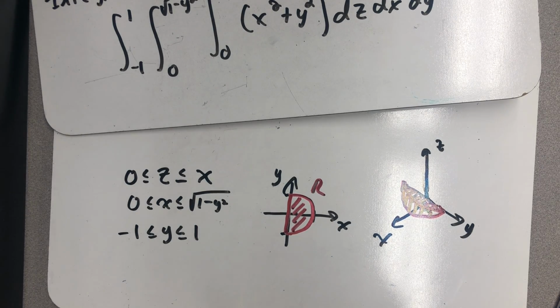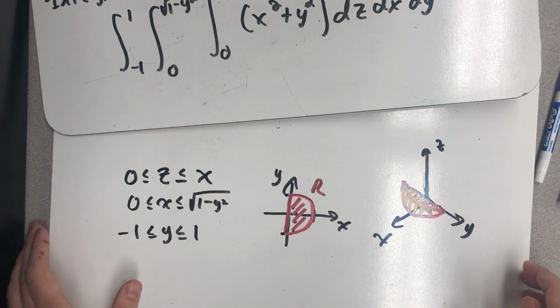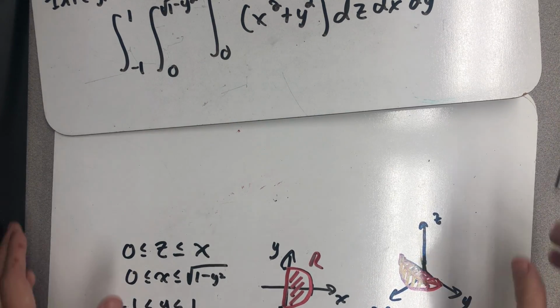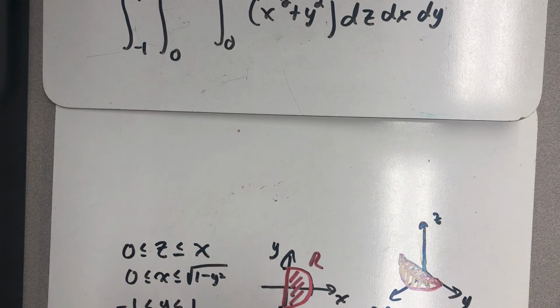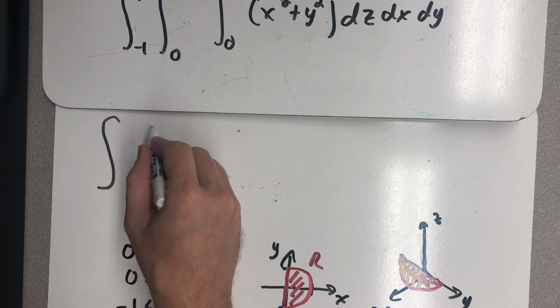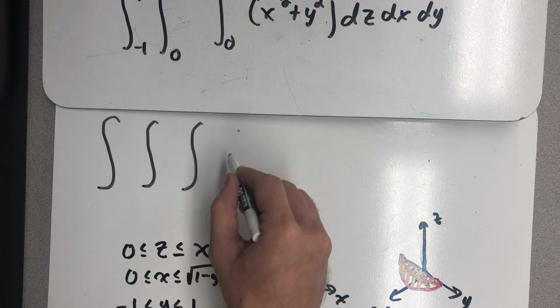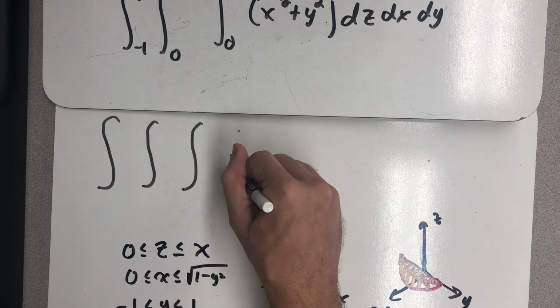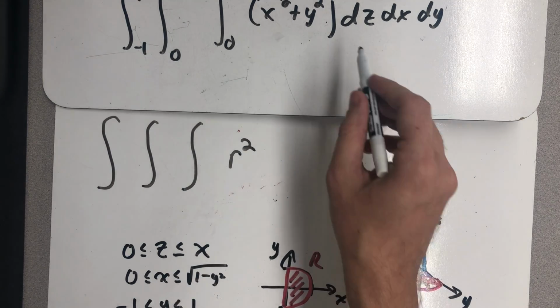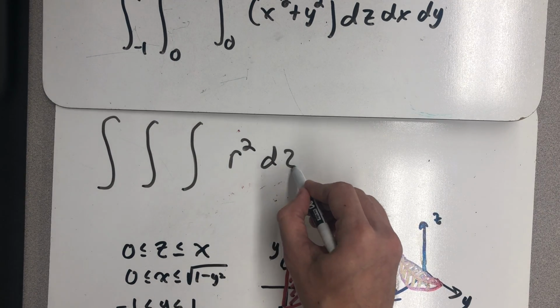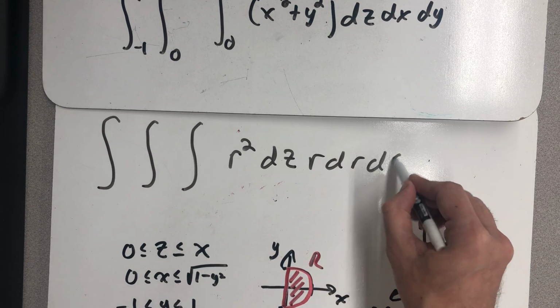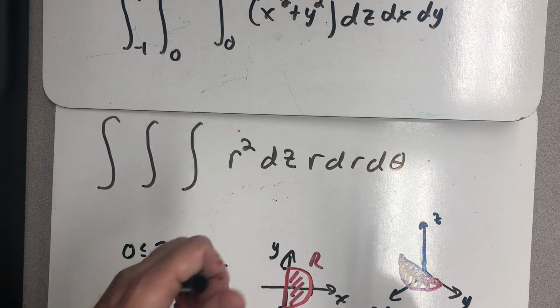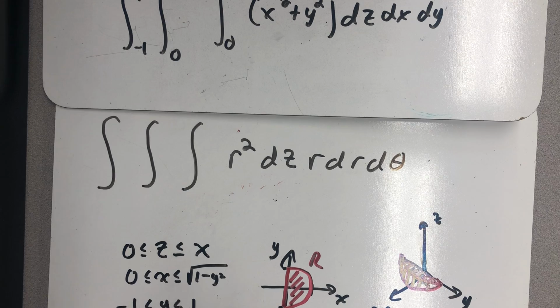All right, so let's imagine setting this up in cylindrical coordinates. x squared plus y squared is now r squared. dz dx dy is now dz r dr d theta. In a moment, this will become an r cubed. Okay, bounds in the z direction.